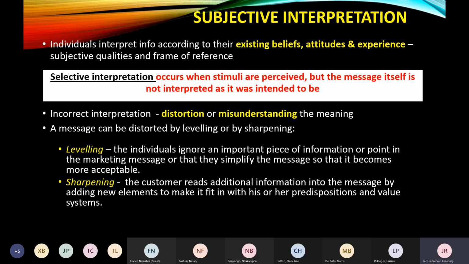And then you also have your sharpening process, where the customer reads additional information into the message, so it turns out the way that they want it. They add their own little pieces to the commercial to almost justify why they decide to take action and buy that particular product.